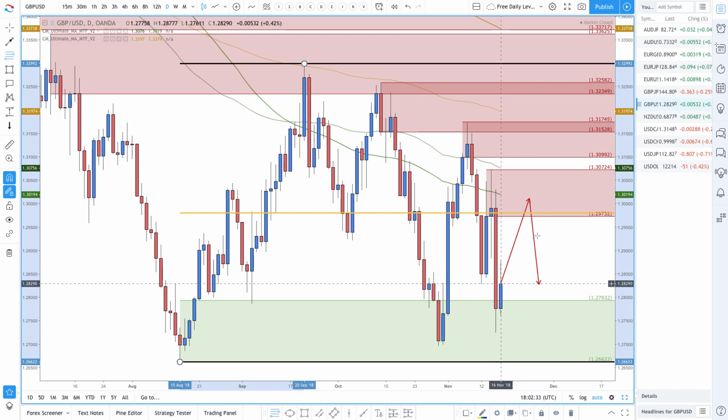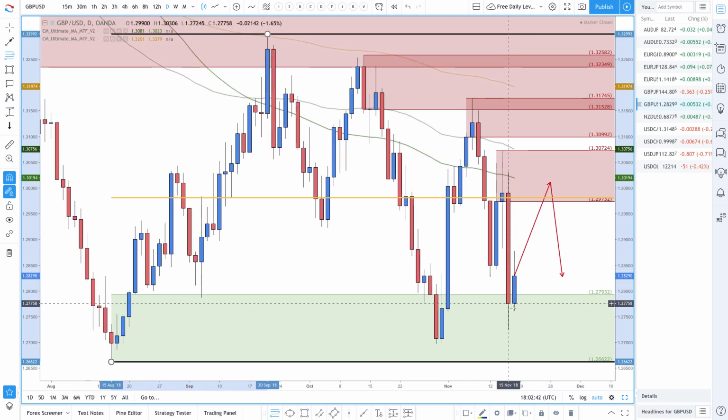Does that mean that prices won't go up? Prices can do whatever they want, but you have to try to make the best choices when it comes to looking at value and understanding value, because what you're actually doing is saying that this is a bargain area for the pound against the dollar. And personally, I don't believe so.